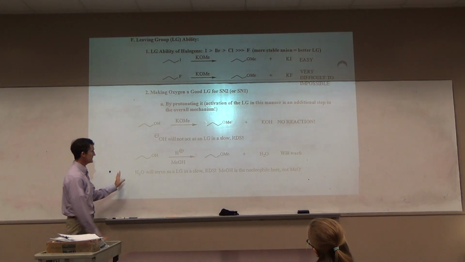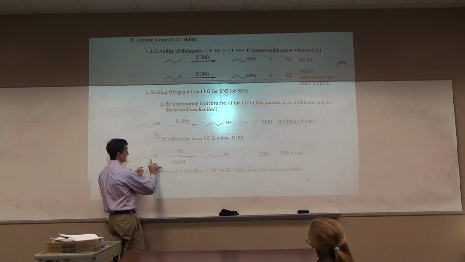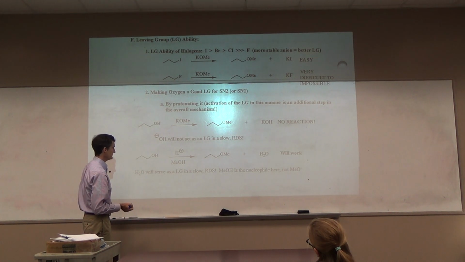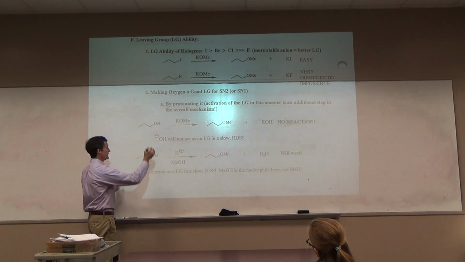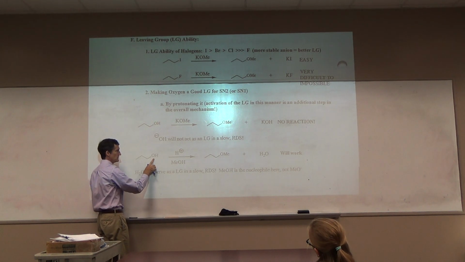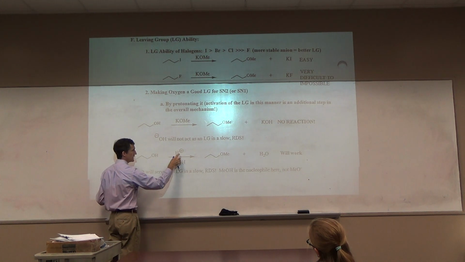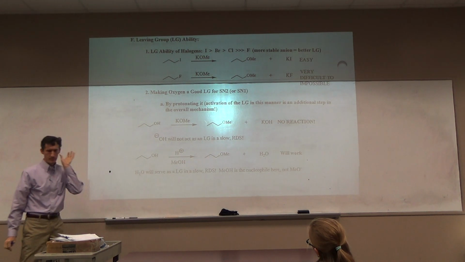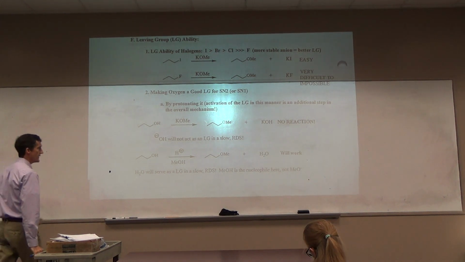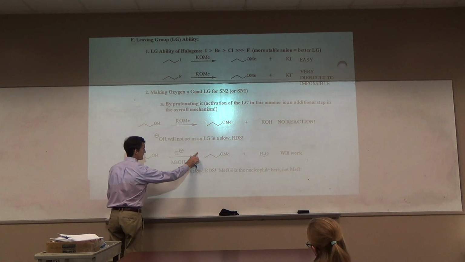On the other hand, if we do this reaction, the alcohol, we can get a product. Because while hydroxide is not a good leaving group on its own, you can make hydroxyl a good leaving group by reacting it with acid, protonating the hydroxyl group. And that's what's going on down here.